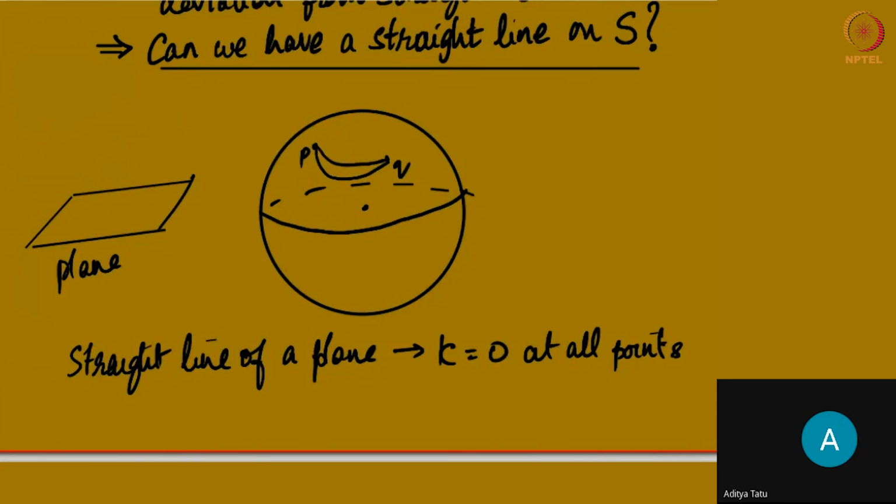Which of them is straight and which of them is not? There are infinitely many. I can sort of go the opposite way and come back here. I don't expect you to answer this question, but you can see that you will not have the usual straight line that we are familiar with on a plane on a general surface.